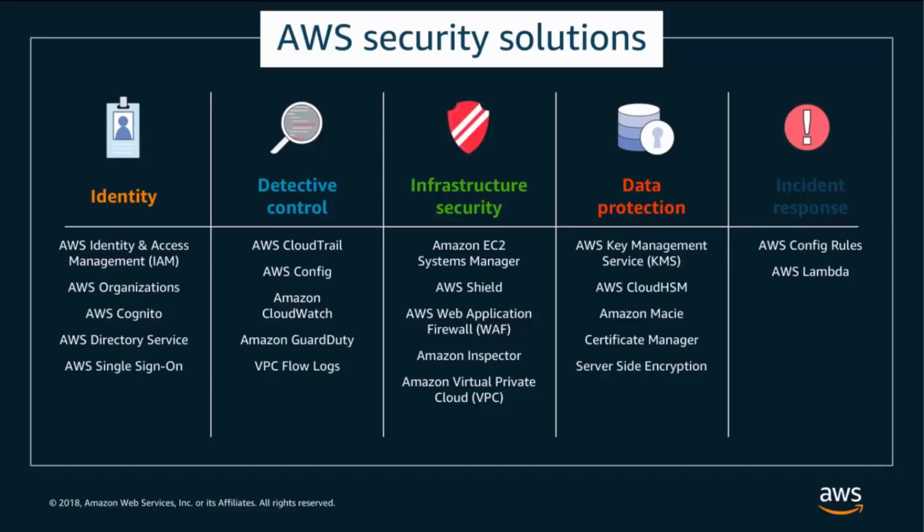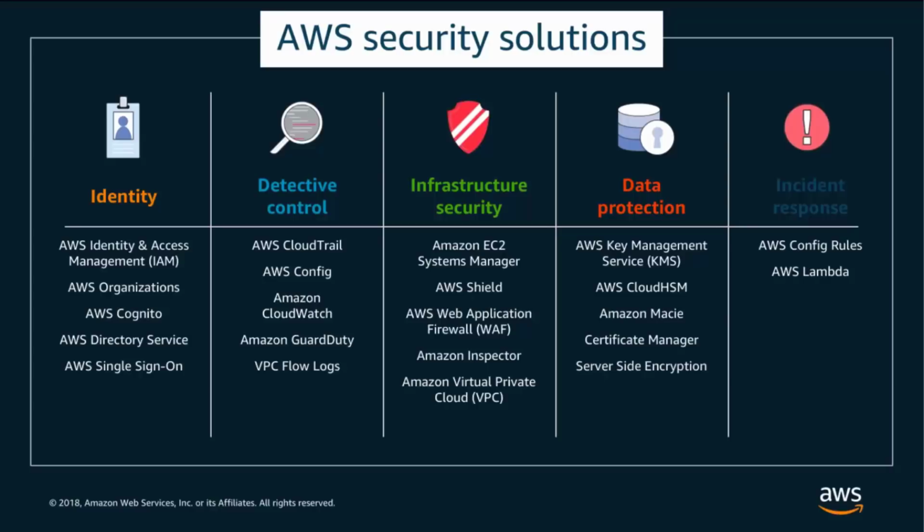Under infrastructure services, we have a lot of services that we use for preventive control. These are services that help block traffic or block unwanted behavior. An example of that is AWS WAF, or Web Application Firewall, and we'll talk in a lot more detail about that in a second.